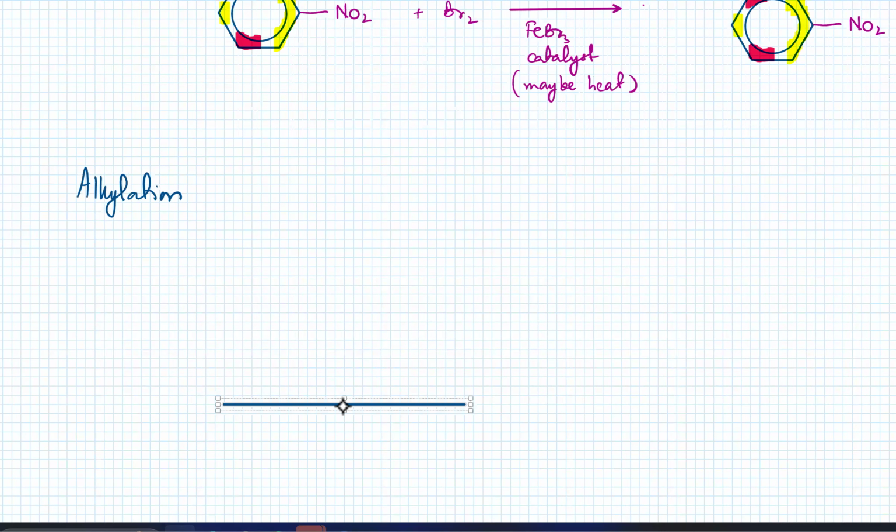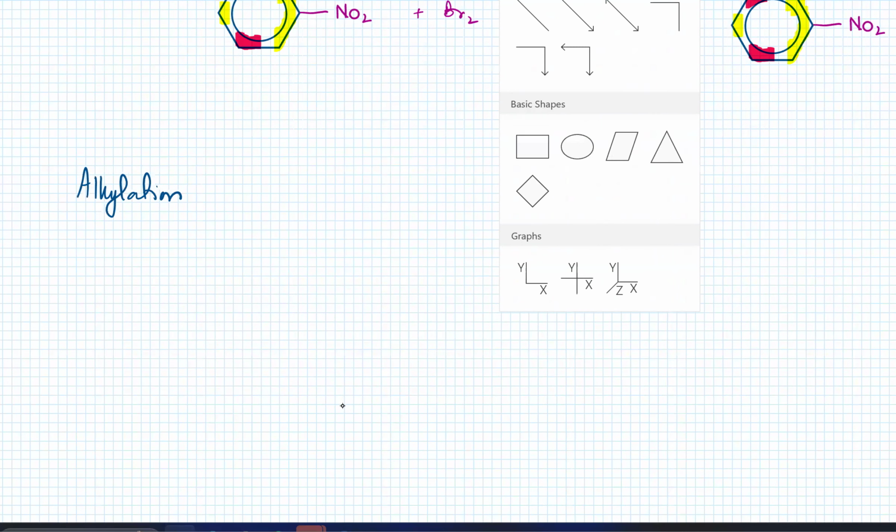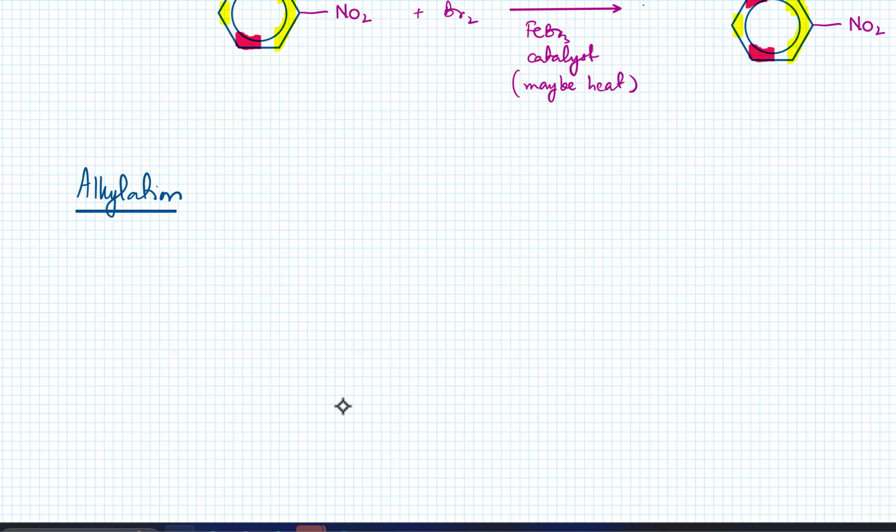Alkylation is a very important reaction because that attaches an alkyl chain to the benzene.